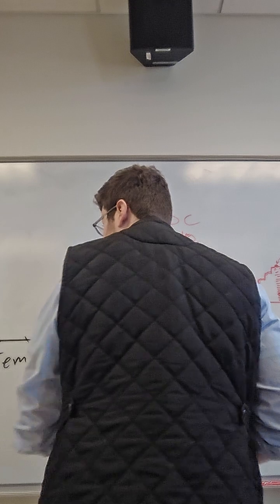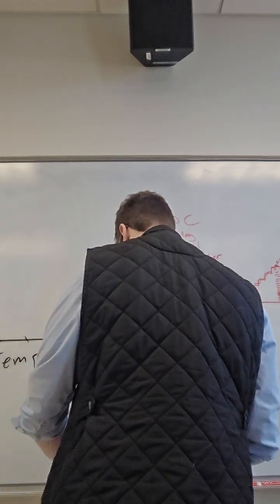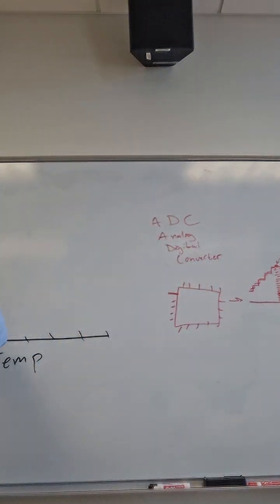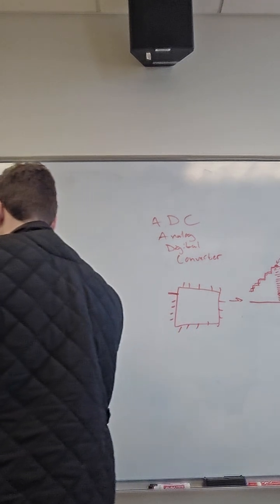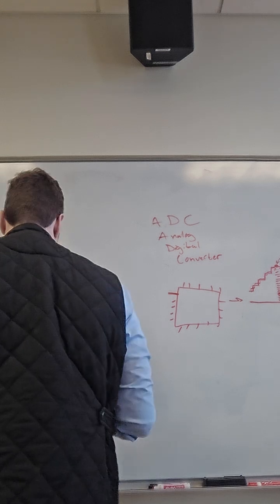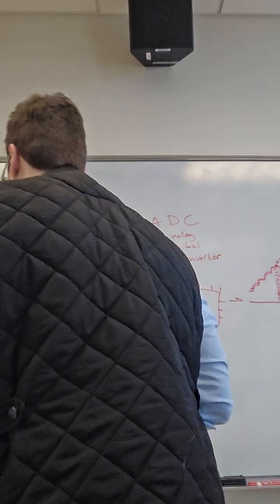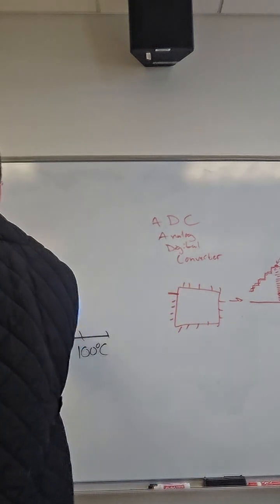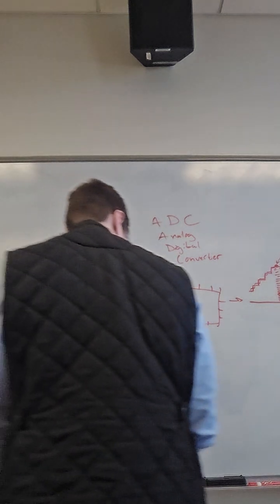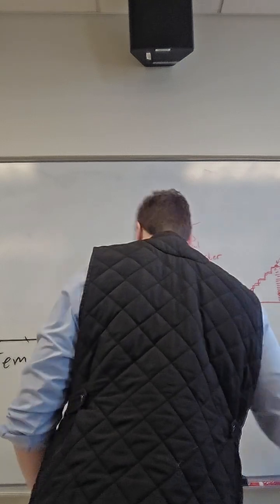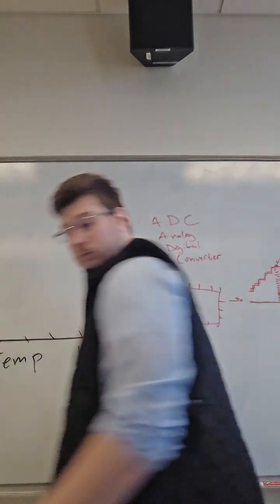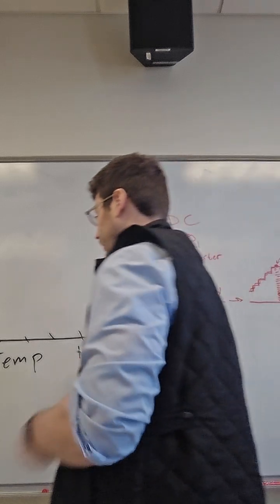Or actually, this would be our units, 0 to 100. So this is 100 units, and this is 0 units. This is 0 degrees C, because we can go negative, right? This would be 100. So we're saying at 0 degrees C, we're at like 2 units.